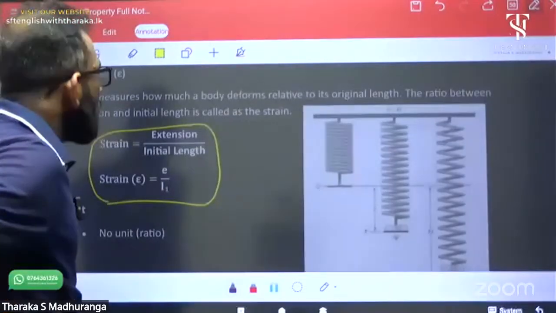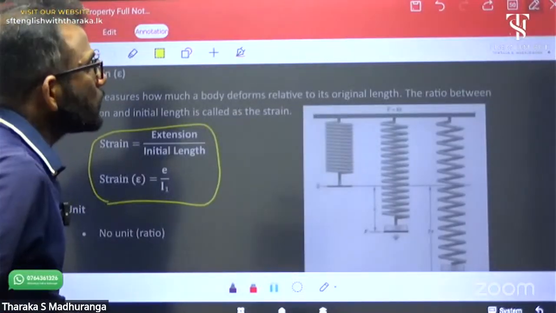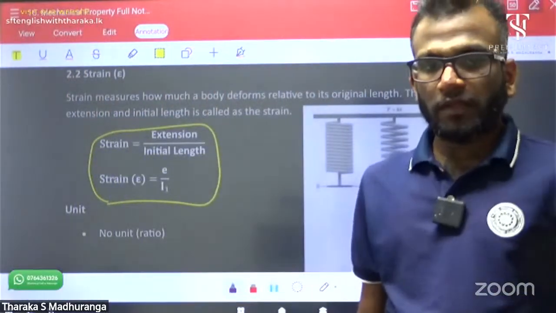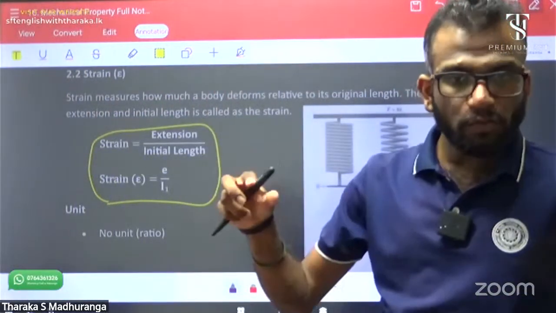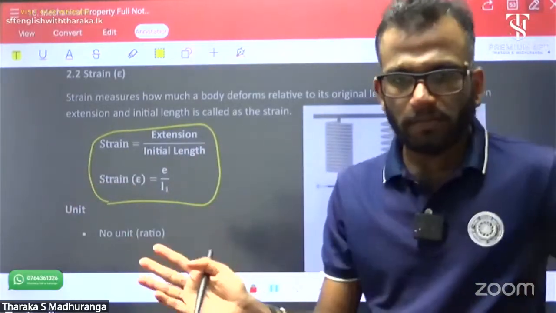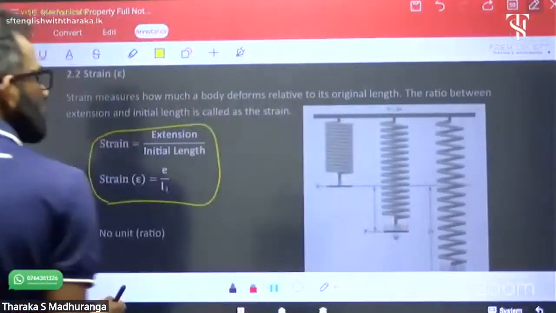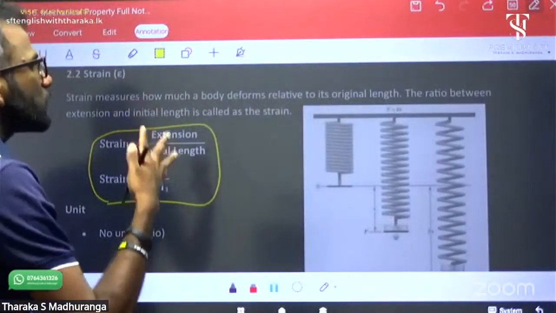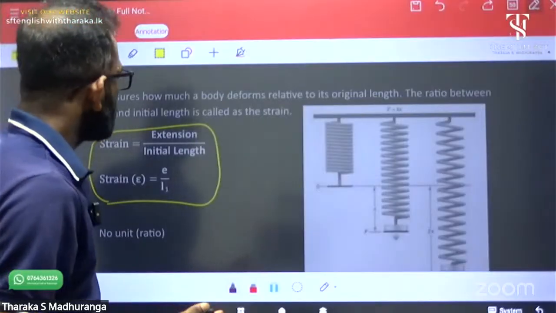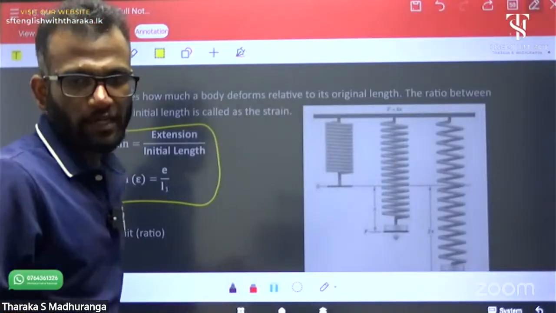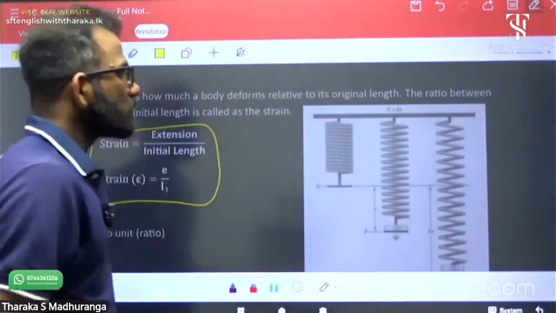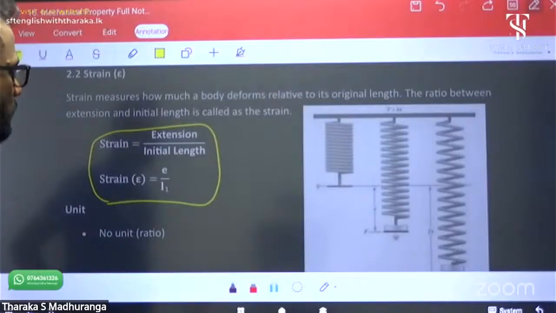Strain measures how much a body is deformed relative to its original position. That's why I said this definition is very important. Relative to its original position, how much is the deformation? The ratio between extension and initial length is called strain. That's how it is calculated.